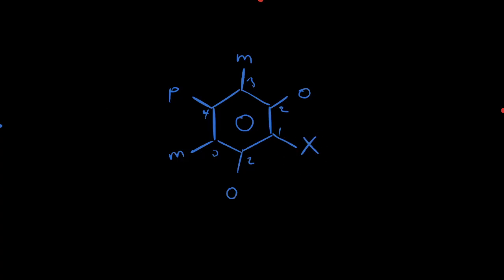So let's try another example. Let's say we now redraw this ring in this way. We again have our standard benzene ring here. The circle is just delineating our simplification of the 3 double bonds that would make up our benzene. But now let's say our carbon that contains the substituent is this one. So take a minute to try and identify the ortho, meta, and para positions on this benzene ring.